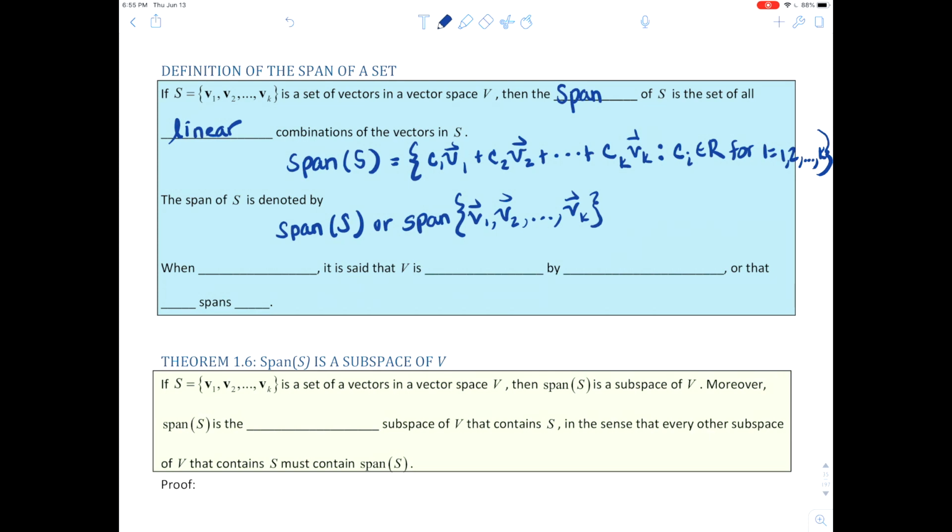Cool? So when the span of S is equal to your vector space, capital V, it is said that V is spanned by the set.